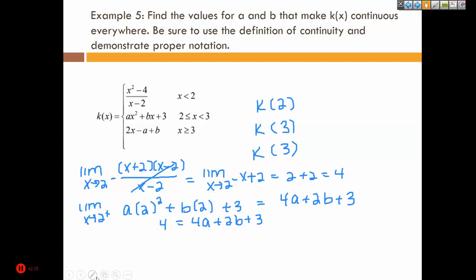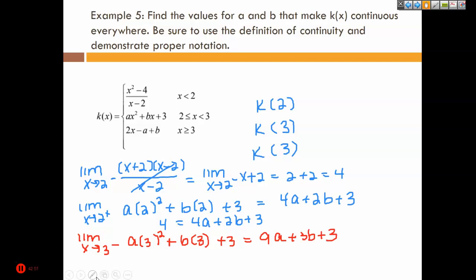So what we're going to do is look at the limit as x approaches 3 from the left, which is a times 3 squared plus b times 3 plus 3. So we get 9a plus 3b plus 3.